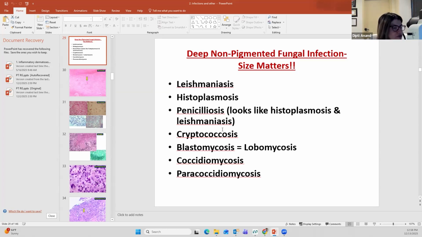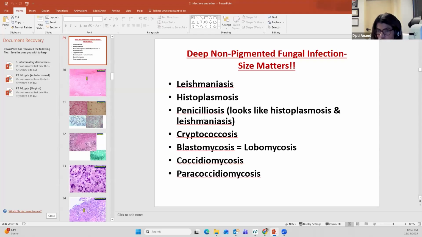Can somebody tell me if there's a specific terminology for it when it occurs in the skin? Does it cause otitis externa? You should look it up because that's an important board question. It has a specific infection it produces in the skin. So cryptococcosis equals pneumocystosis. When we talk about cryptococcosis, I will show you a slide of pneumocystosis. So Leishmania, histoplasmosis, penicilliosis, then cryptococcosis, which equals pneumocystosis, blasto equals lobo, coccidio, and paracoccidio.